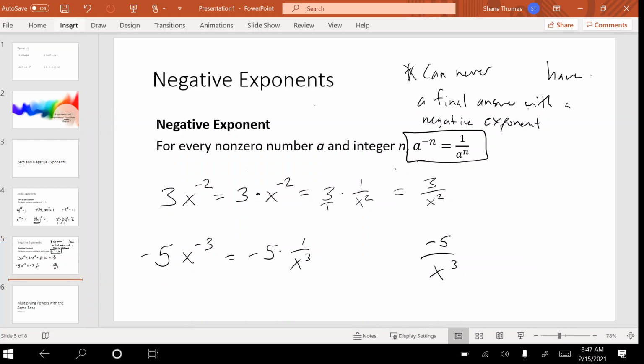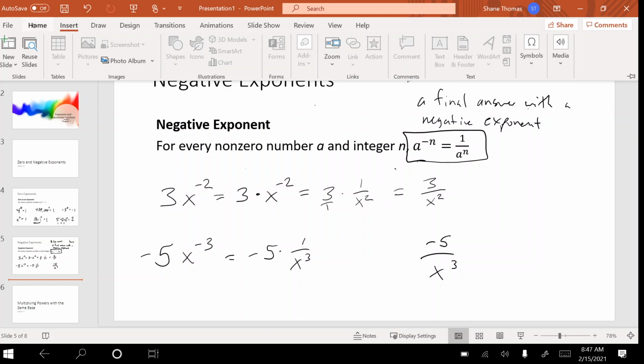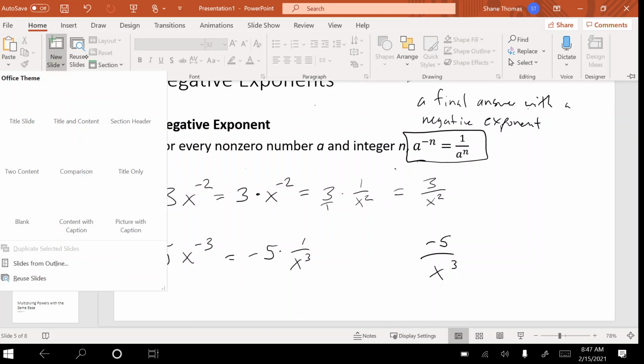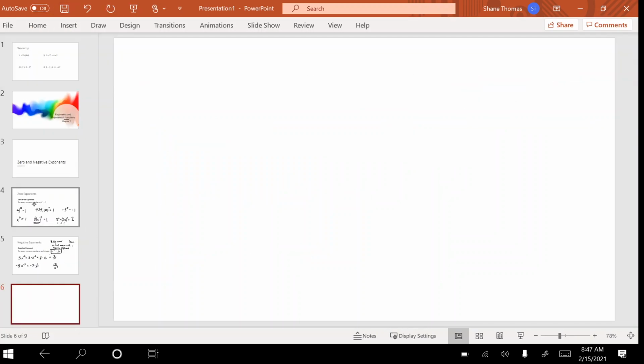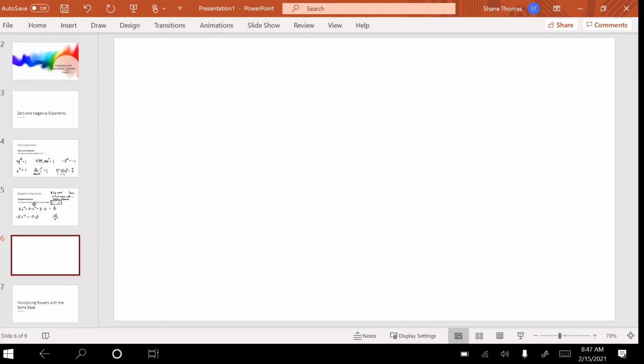Now, I'm going to give you a couple problems here I want you to try. So it's going to be a couple things kind of linking the two things together here, okay? So first one, I have 3 to the 0 plus 4 to the negative 3. That's number 1. That's a plus.